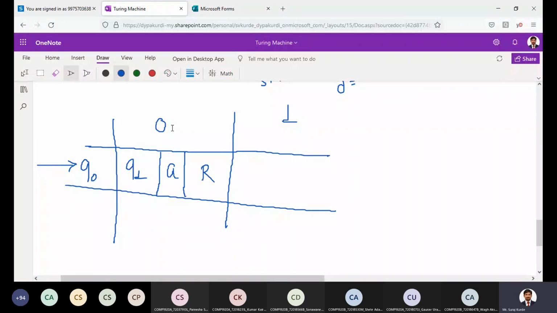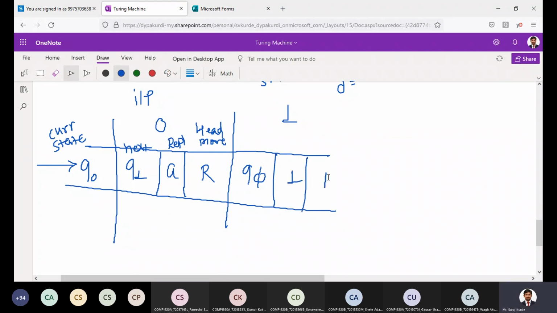For Q0, if 0 is the input, this is the current state, then this is the next state, replace, and head movement. Q0, if 1 is the input, then what will it do? It goes to, let's say, Qphi, which is a reject state.